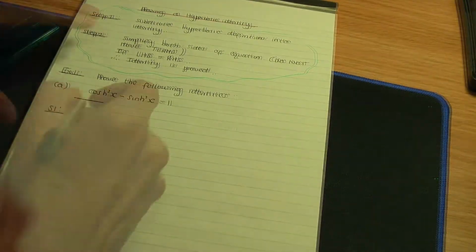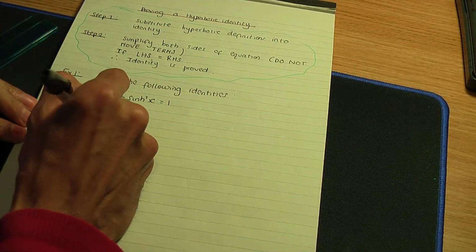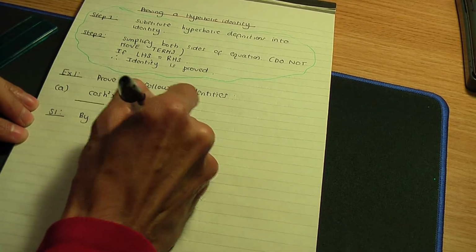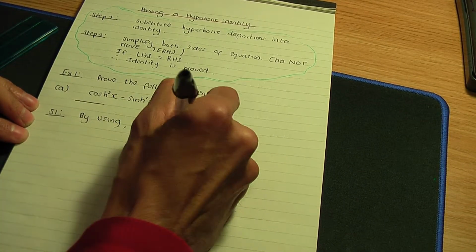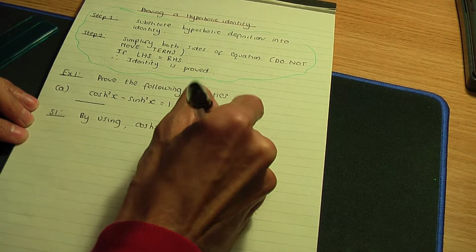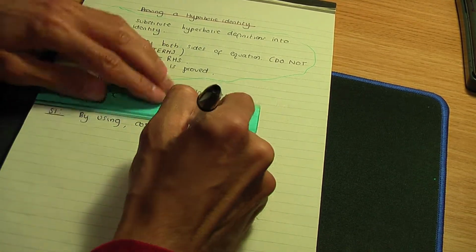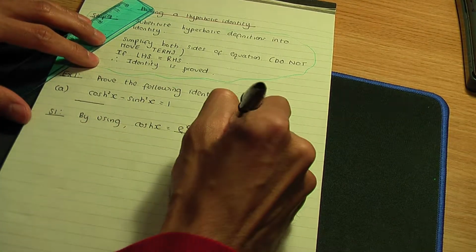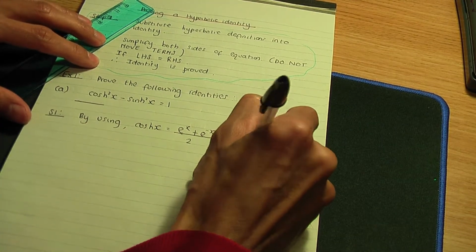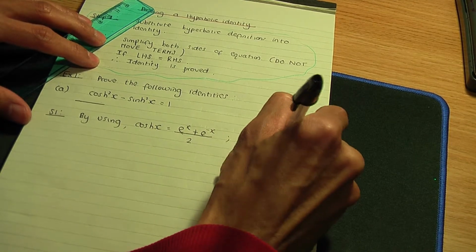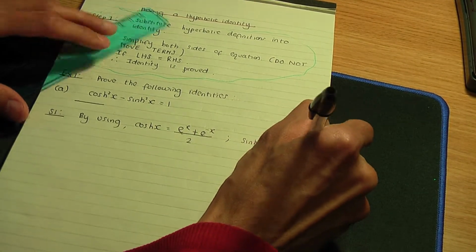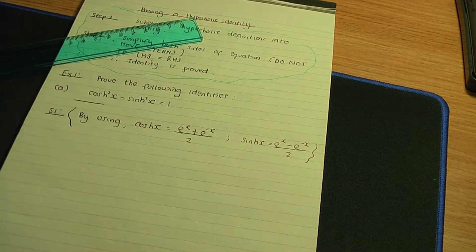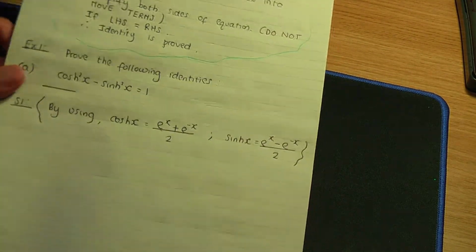So, just as a side note, remember the definition of hyperbolic cos from the previous video: it was e to the x plus e to the minus x over 2. And remember the definition of hyperbolic sine: that was e to the x minus e to the minus x over 2.